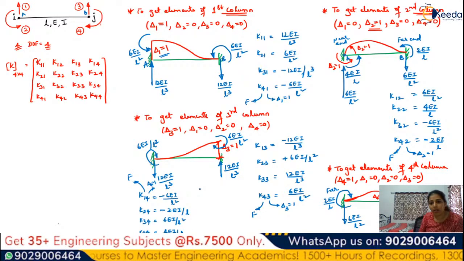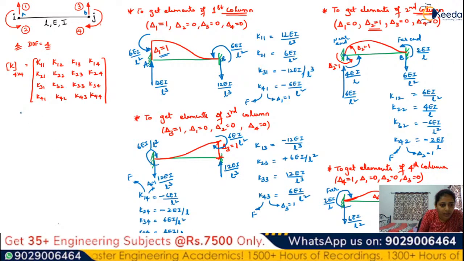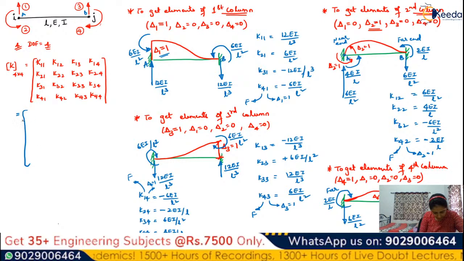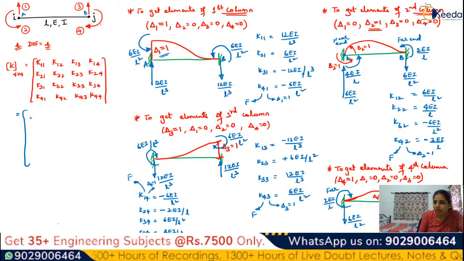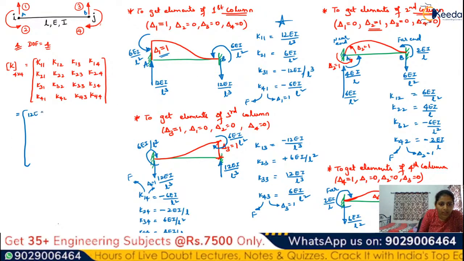Now let us assemble all, let us write all the values here. So you have to write column wise, right? So let me start. So this is your first column elements. So 12 EI by L cube, then 6 EI by L square, minus 12 EI by L cube.